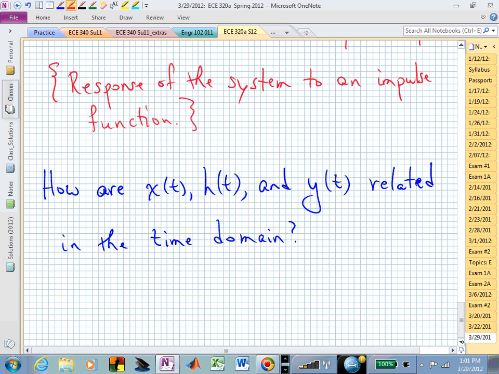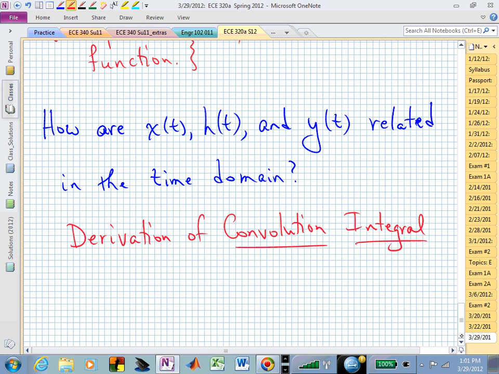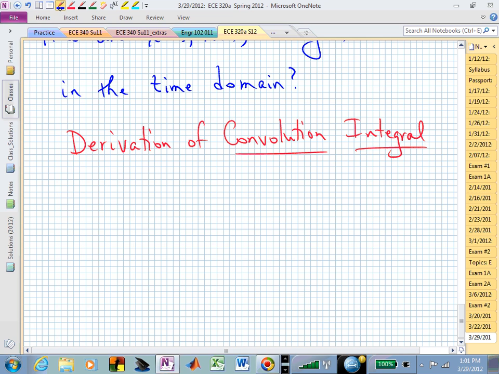And this is begging us to derive the time domain relationship between x, h, and y, and that's going to be the convolution integral. We know how these are related in the s domain, or the frequency domain.